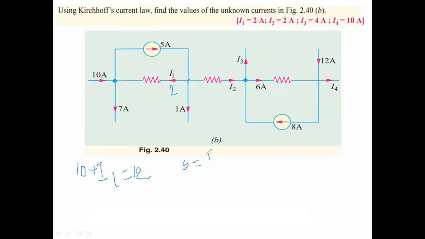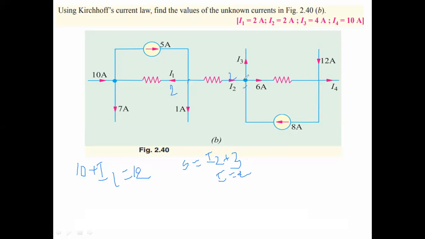So I2 plus 3 equals 5, so I2 is 2 amperes.